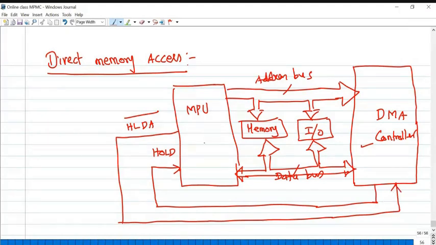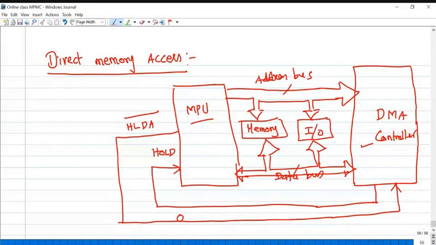Once the HLDA signal is issued, the DMA controller utilizes the address and data bus for transferring data between memory and IO devices. For fast access, without the control of the microprocessor, the DMA controller takes over the data transfer between memory and IO through the address and data bus.